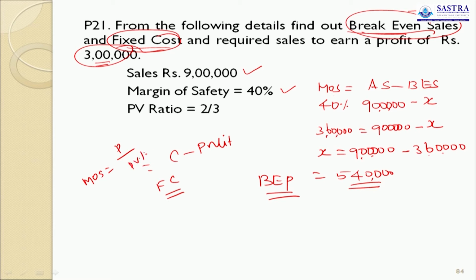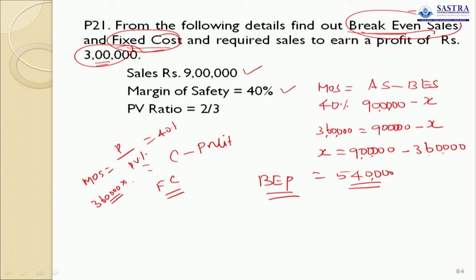PV ratio. This is 40%. So margin of safety is 3,60,000 into 40% profit. So here you apply this 40% on 3,60,000, and profit will come.